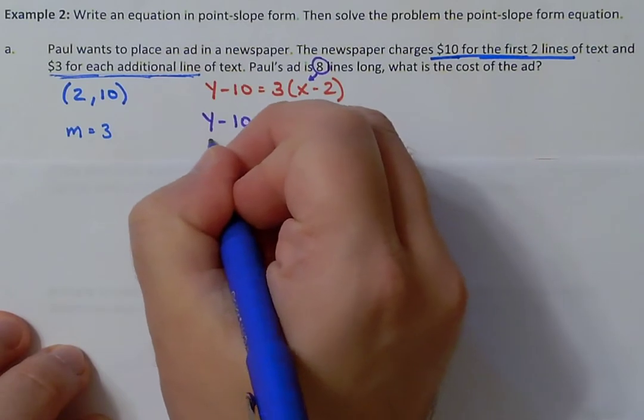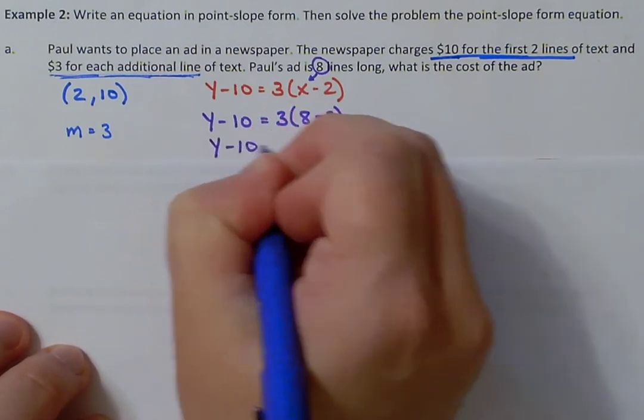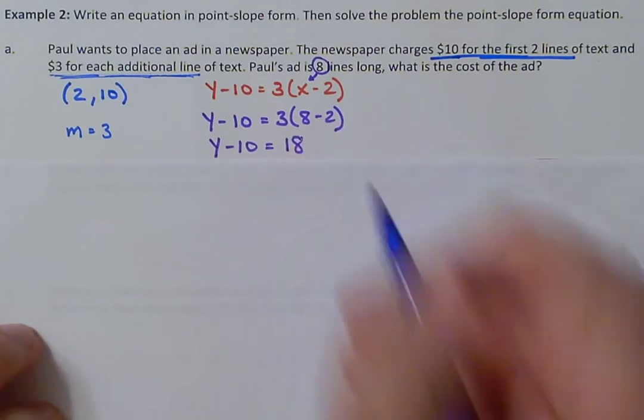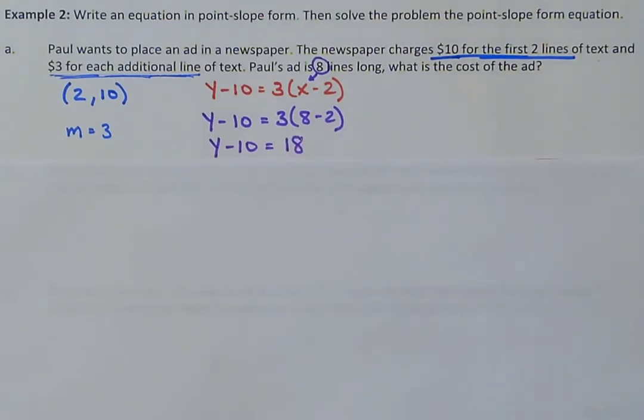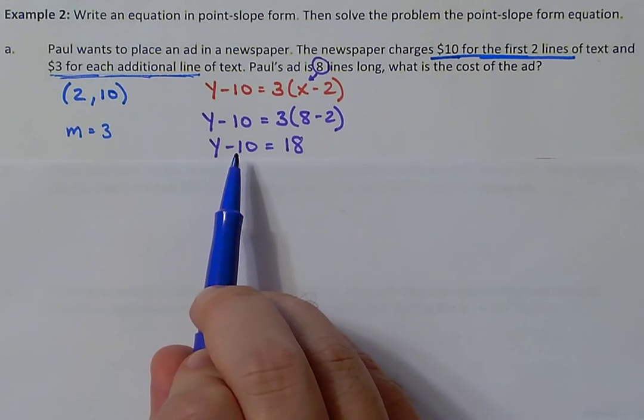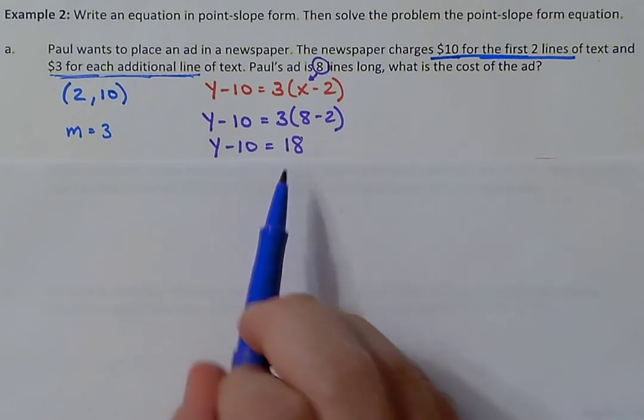So my next step is we have y minus 10 equals 18. Now I need to solve for y, so that means I need to get y alone. If it's subtracting 10, that means I need to add 10 to the right side to solve.